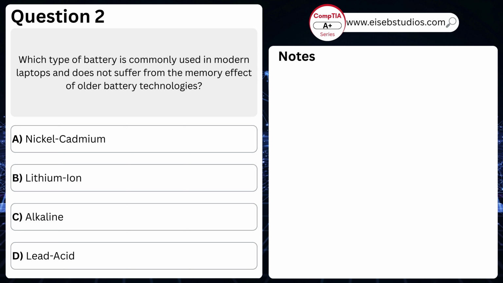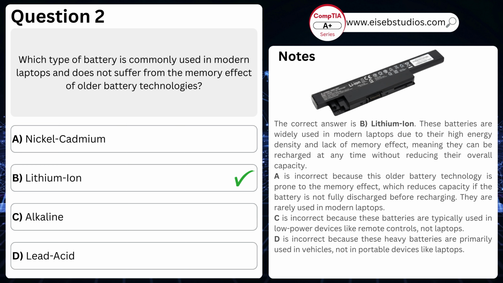The correct answer is B. Lithium-ion. These batteries are widely used in modern laptops due to their high energy density and lack of memory effect, meaning they can be recharged at any time without reducing their overall capacity. A is incorrect because this older battery technology is prone to the memory effect, which reduces capacity if the battery is not fully discharged before recharging.